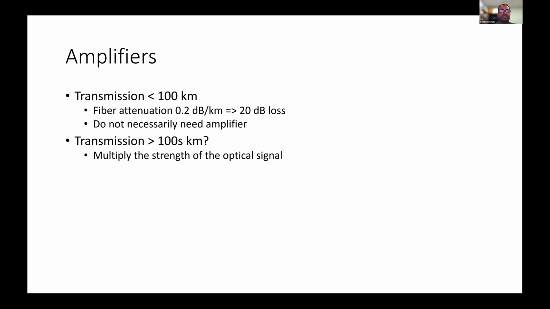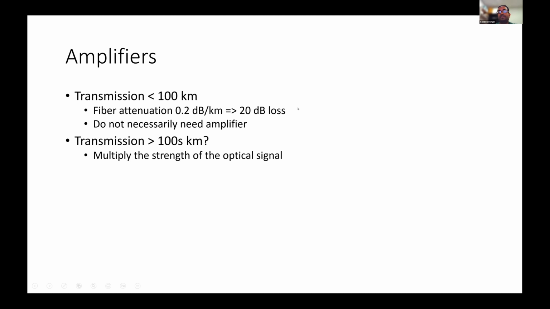The next important building block is the amplifiers in long distance communication. Let's consider an example of 100-kilometer transmission with a fiber attenuation of 0.2 dB per kilometer. So the total loss will be 20 dB.